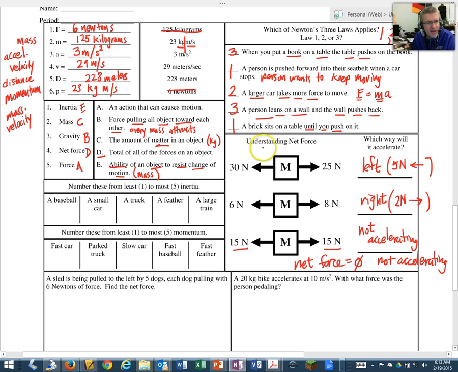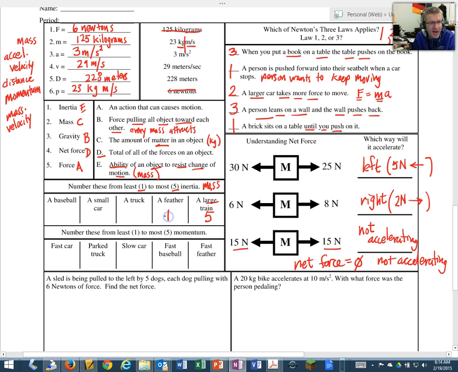Now, you have the least inertia and the most inertia. And so one of the ways to think about this is what has the least mass and the most mass. So if I look at these, it seems pretty clear that a train has the most mass, a large train especially. I'm thinking about a choo-choo train.